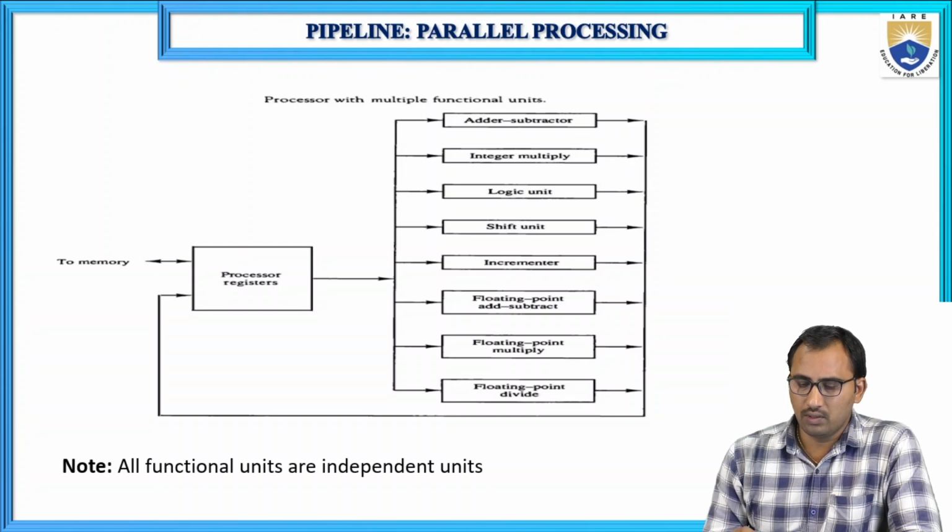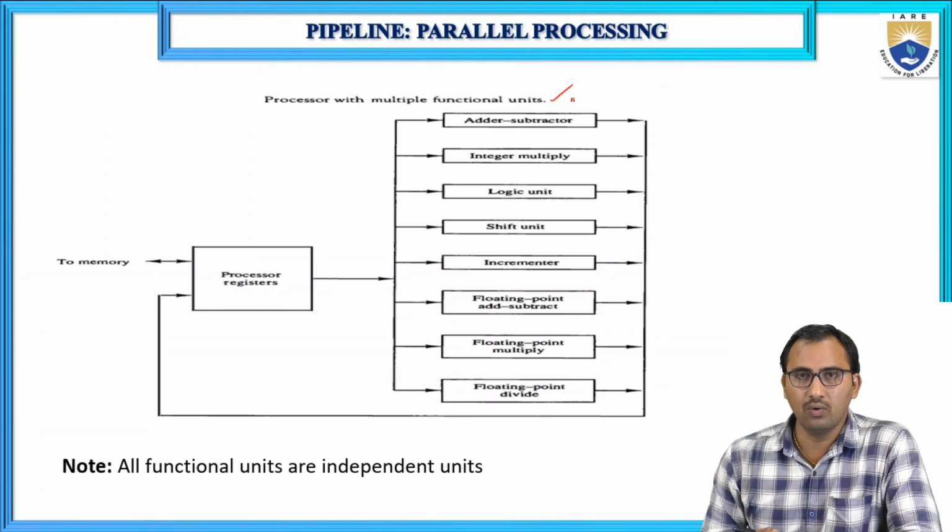If you look inside the ALU, it has multiple functional units. Inside the ALU, we have different parallel functional units: adder, subtractor, integer multiply, logic unit, shift unit, incrementer, floating point addition, subtraction, floating point multiply, floating point divide.